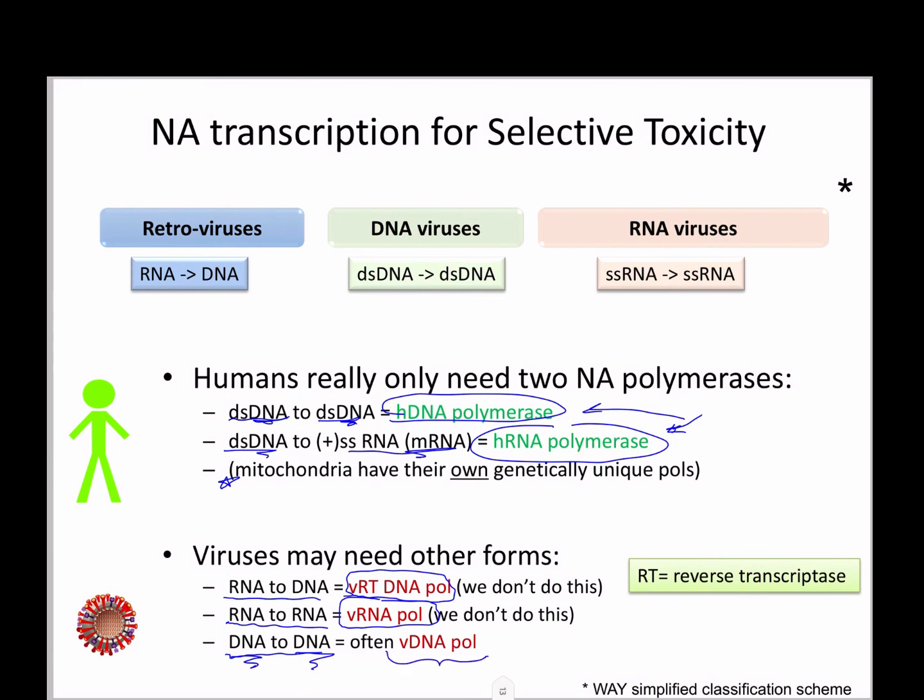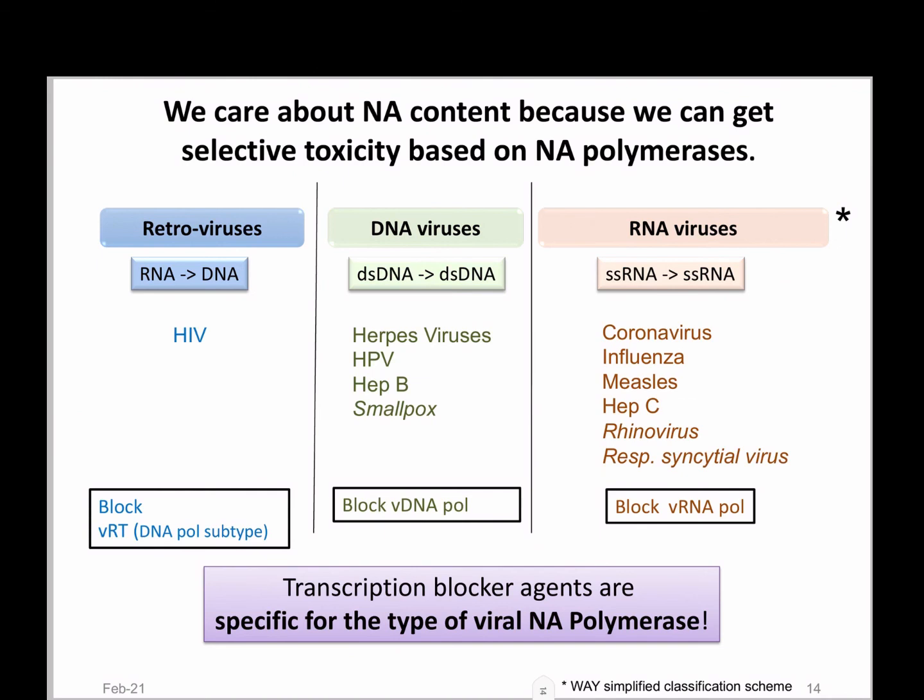So again, a place for selective toxicity. So these different types of nucleic acid polymerases give us selective toxicity not only between viruses and ourselves, but also somewhat selective targets between these different forms of viruses. So just as antibiotics might work better at a gram-positive versus a gram-negative bacteria, specific nucleic acid polymerase inhibitors might work better at retroviruses versus DNA viruses.